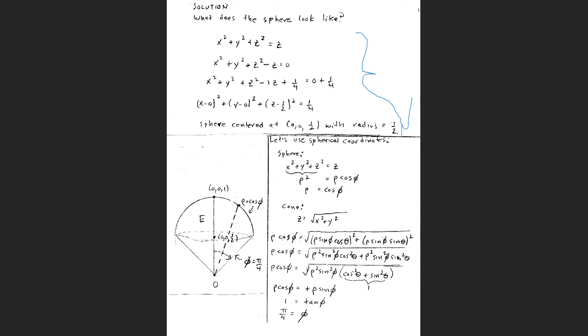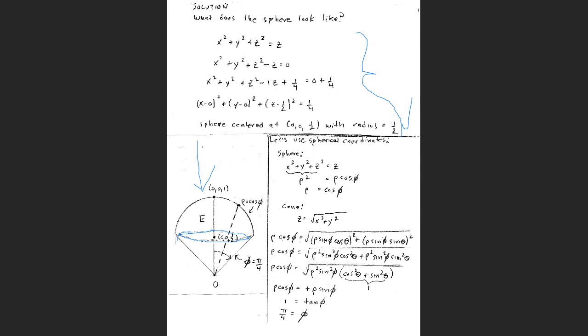Okay, so now what we need to do is I'm drawing a picture of this solid. The cone on the bottom is, well, as you know from these problems, it's very important to figure out what the intersection of the surfaces look like.